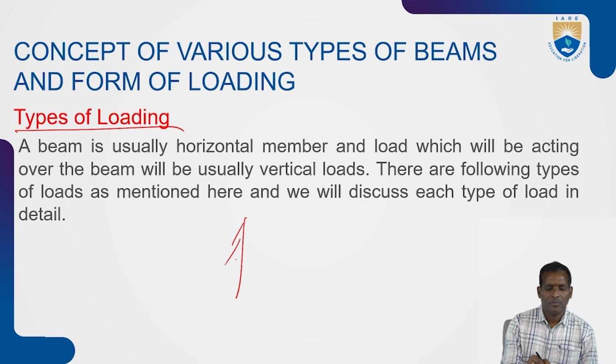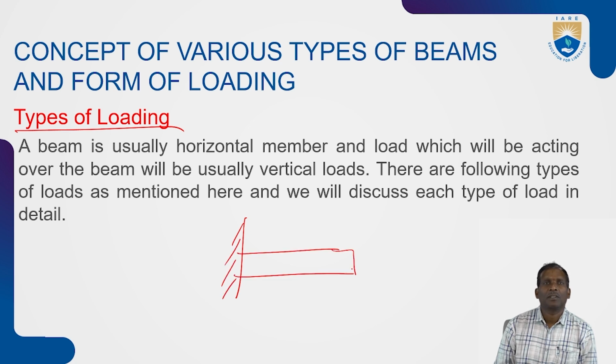Suppose one cantilever beam is there. Why is it said to be a cantilever beam? One end fixed and other end is free. So whatever load is acting, the load is vertical. The following types of loads are as mentioned here, and we will discuss each type of load in detail.